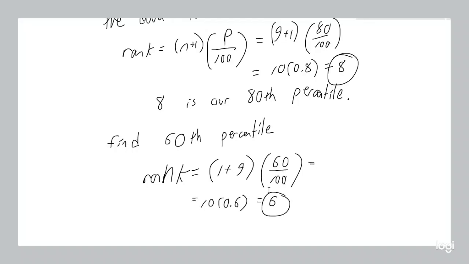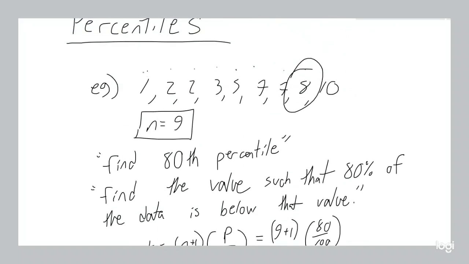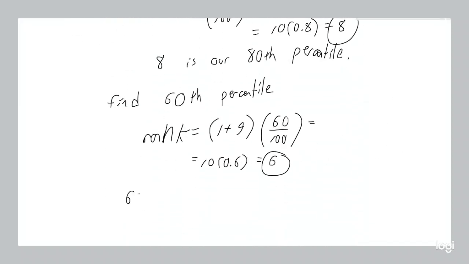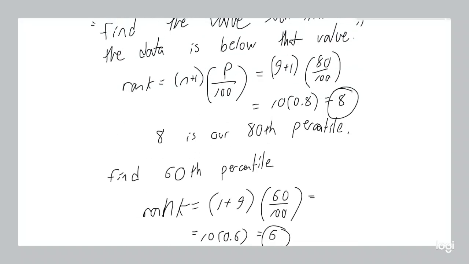So we look for the 6th rank, right? 1, 2, 3, 4, 5, 6, and that happens to be a 7. So our 60th percentile is 7, right? 60% of the population is expected to score below 7, or 80% of the population is expected to score below 8.